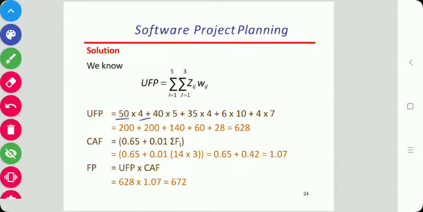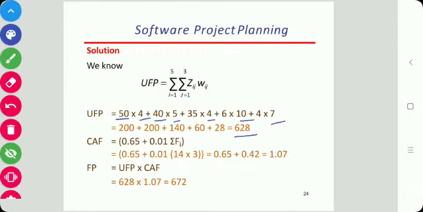So 50 into 4, number of user outputs are 40 and the average value for user output is 5, average value for user inquiry is 4, average value for user files, number of user files are 10 and average value is 10, and for external interfaces the average value is 7. So we will multiply with these and we will get UFP as 628.